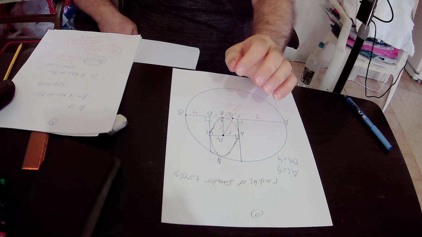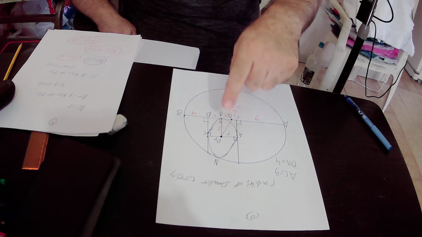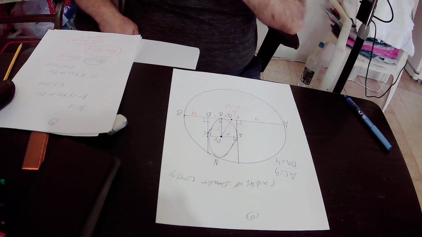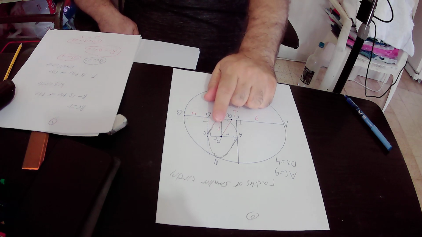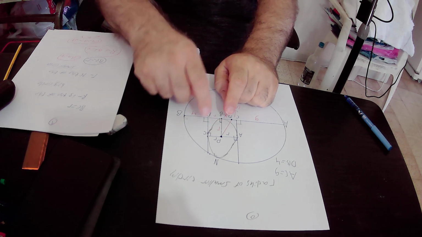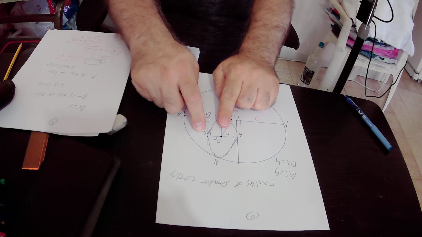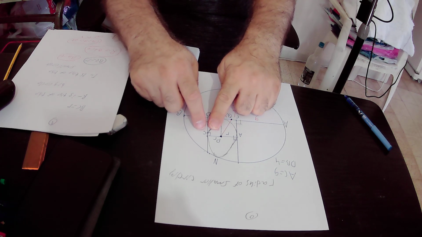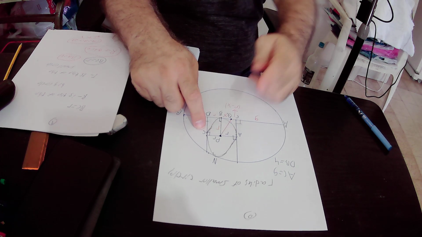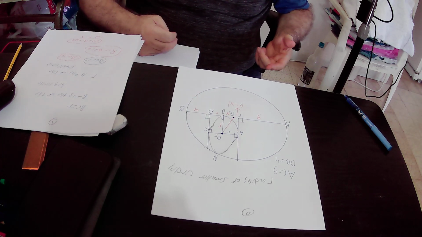And also we draw the third radius at the point of contact between the tangent and the circle, point C. So the radius is perpendicular to its tangent, therefore this angle is also a right angle.